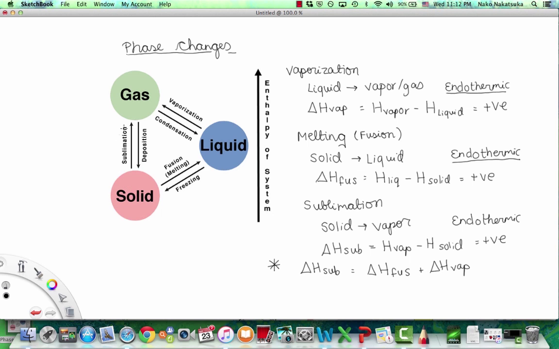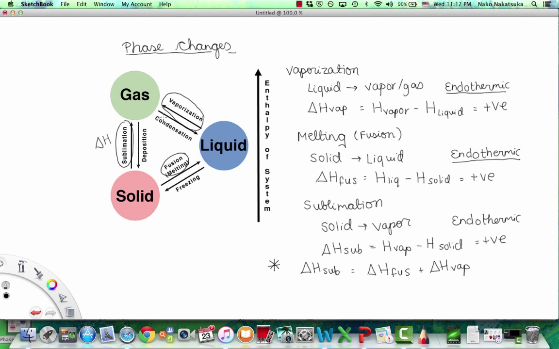The delta H of sublimation is right here, right? So to get from a solid to a gas, you can also take two steps. You can do the fusion part to get it to a liquid, and then you can do the vaporization part to get it to a gas. And so this delta H of sublimation can actually be the sum of the delta H of fusion and the delta H of vaporization. This is a very important concept.